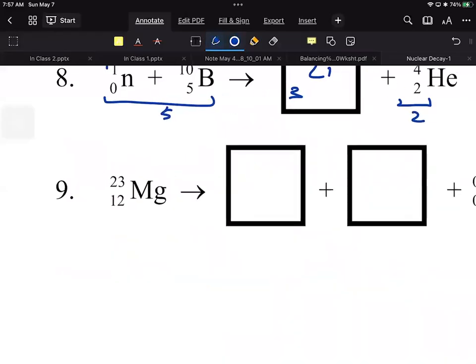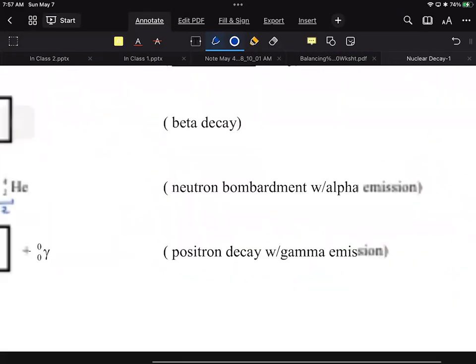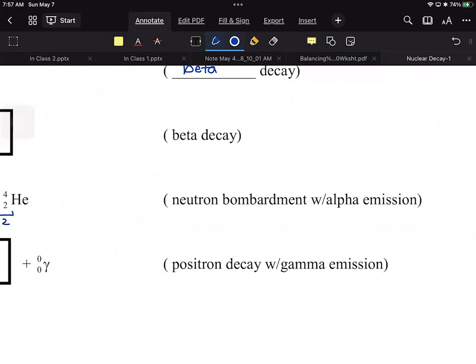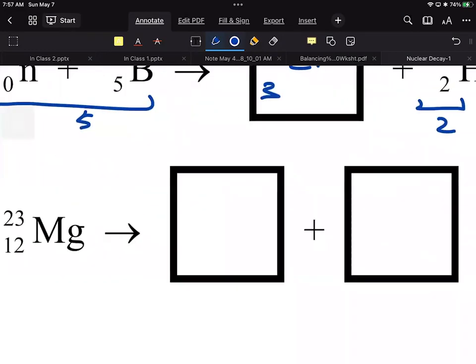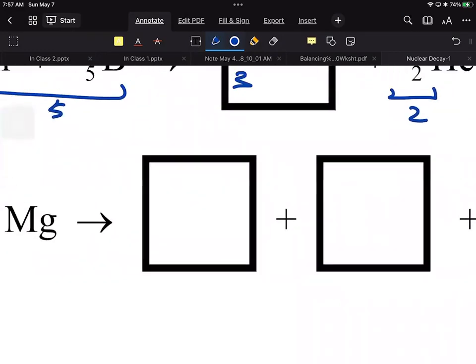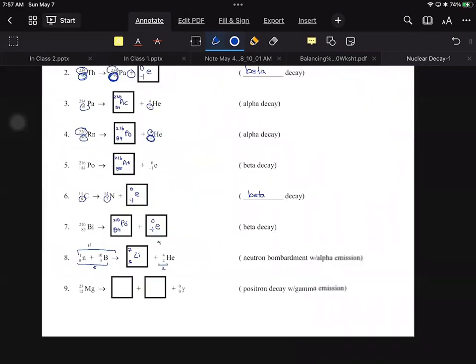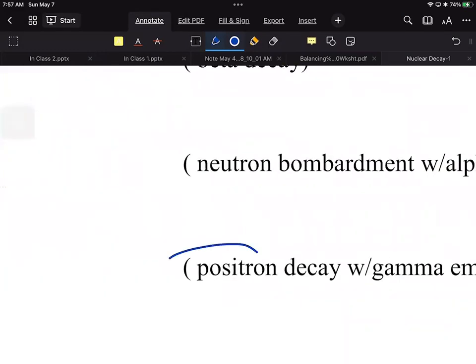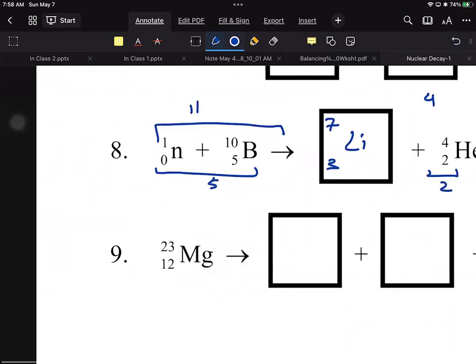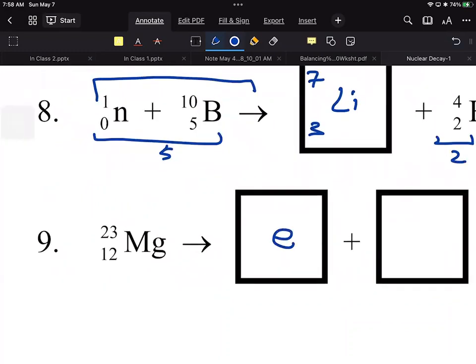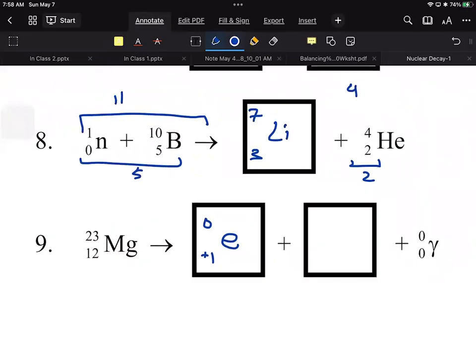Our next one, number 9. This is a positron decay with gamma emission. So a positron is ejected, so plus 1. Now let's do the same thing we did earlier.